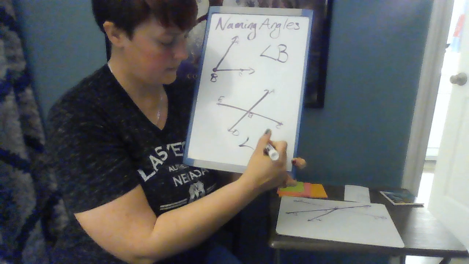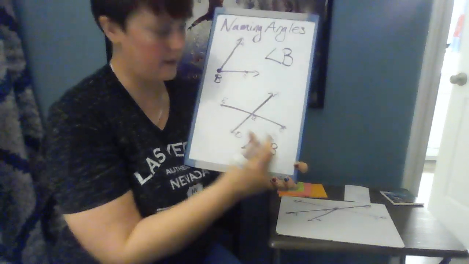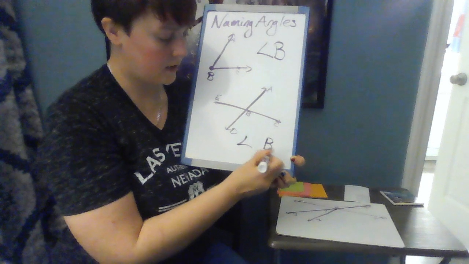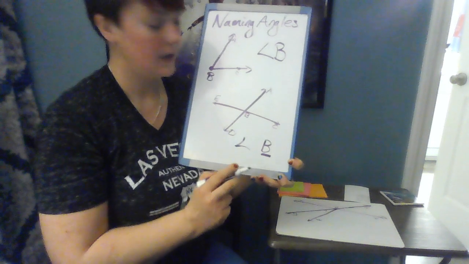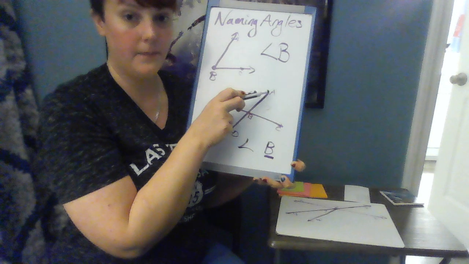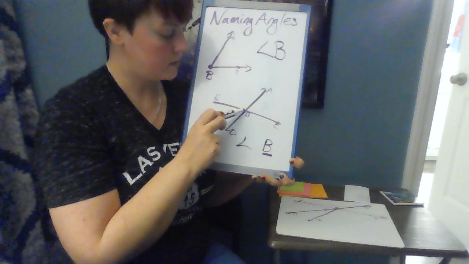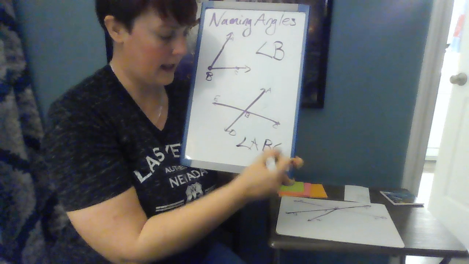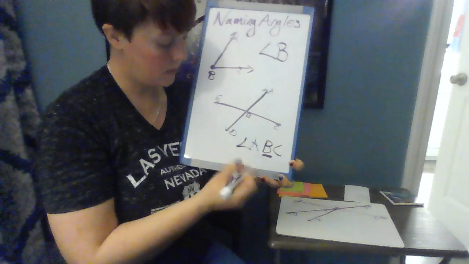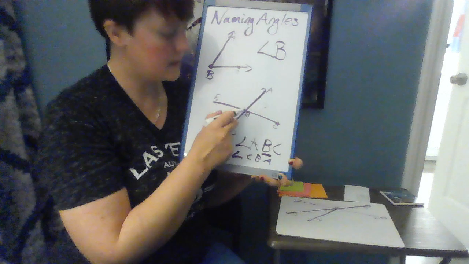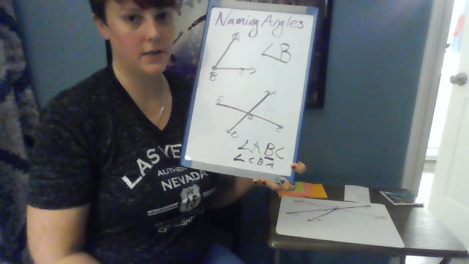And when we name angles using 3 letters, we have to make sure that the vertex is in the middle. So this angle over here starts at A and goes through B, turns around and goes to C. And so we can call that angle ABC. We could also call it angle CBA, as long as the B is in the middle of those 3 letters.